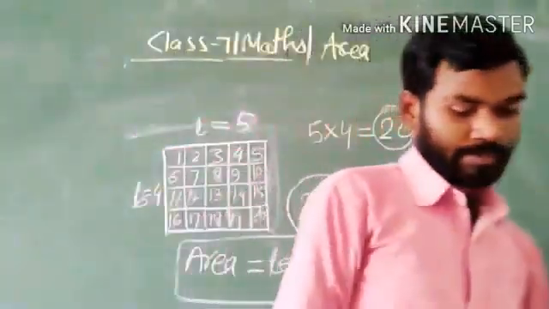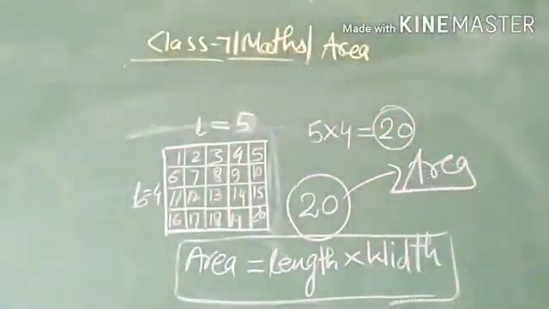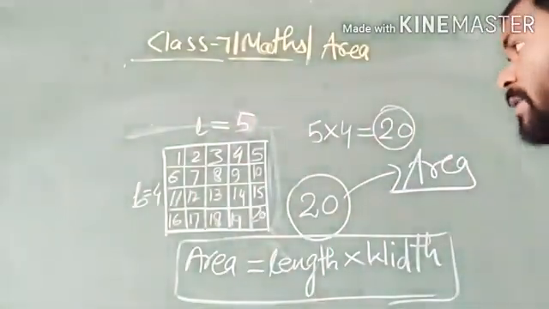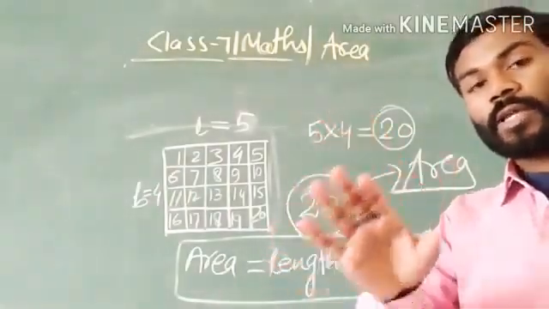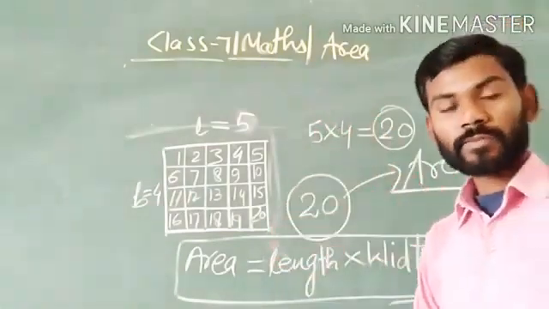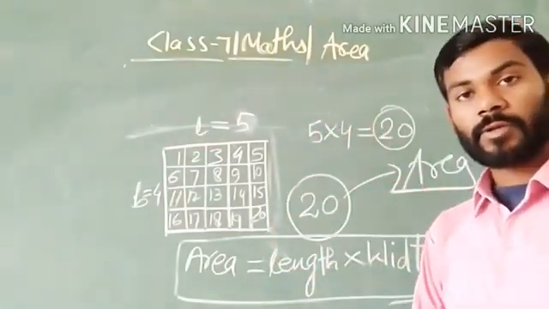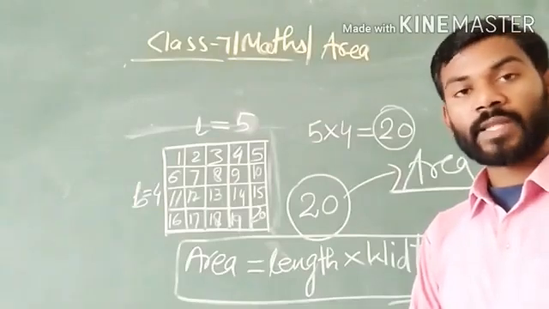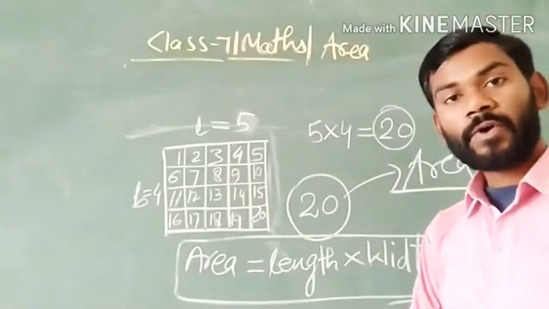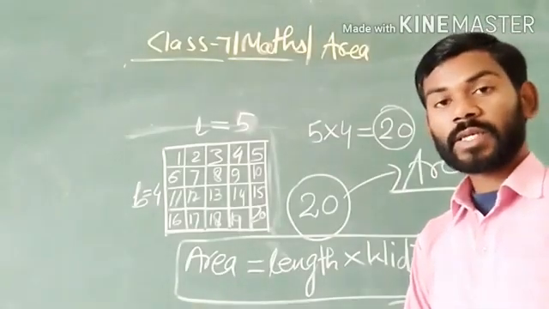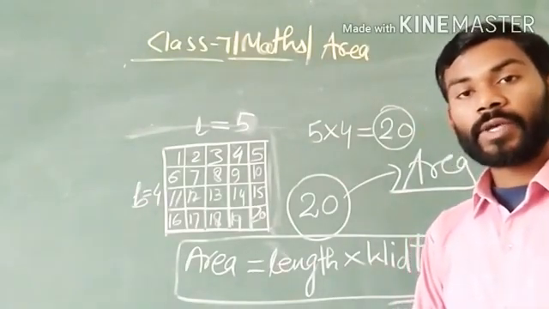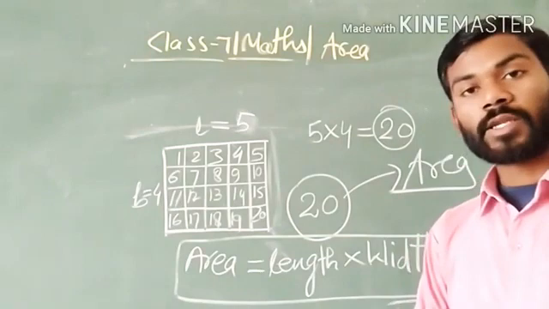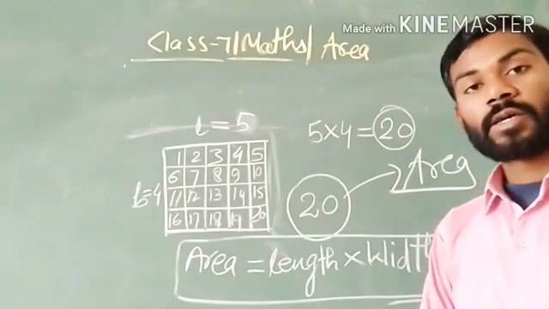Okay, but here one most important thing has been seen: this formula is only applicable for certain figures. When we get some figure for which the dimensions are not exactly known, that is, the figure is irregular, then this formula is not applicable.